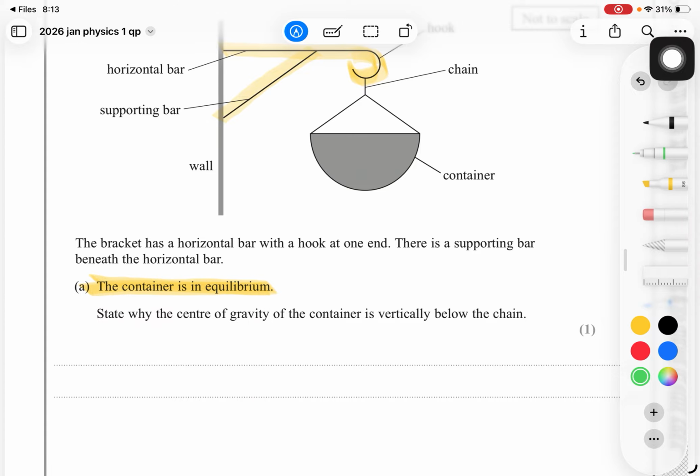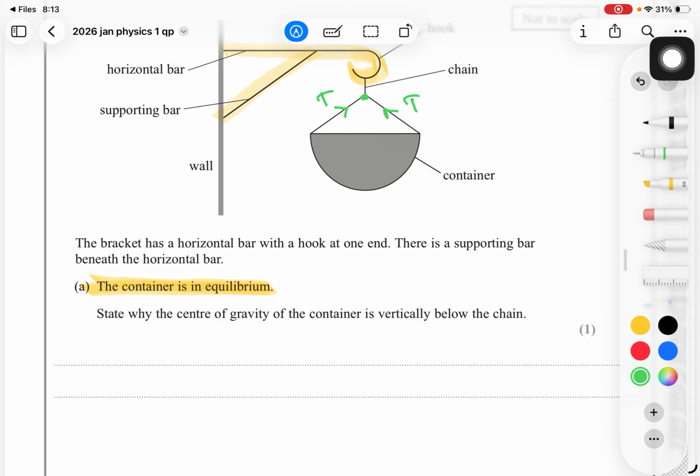So if we draw, what we have to show is it's just a one marker, because the reason being, we can actually say the chain's attaching point. So if we take the free body diagram, there's a tension here and one more tension here.